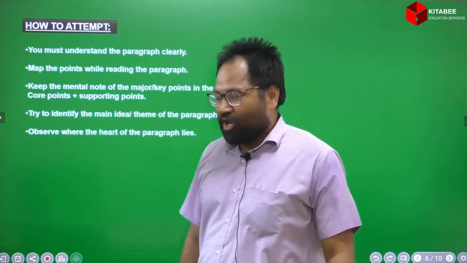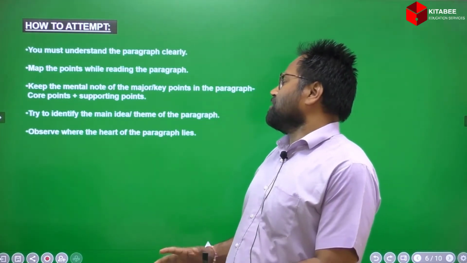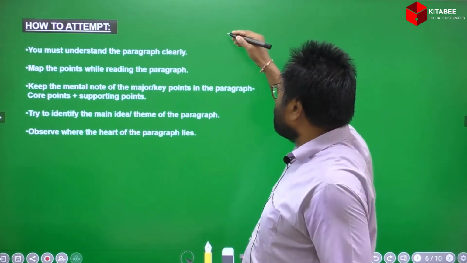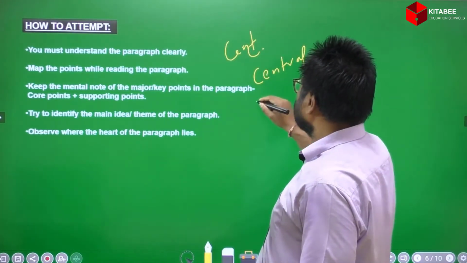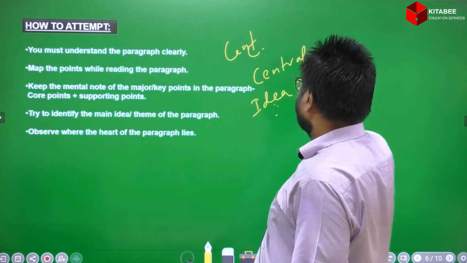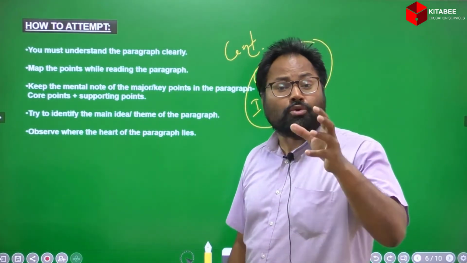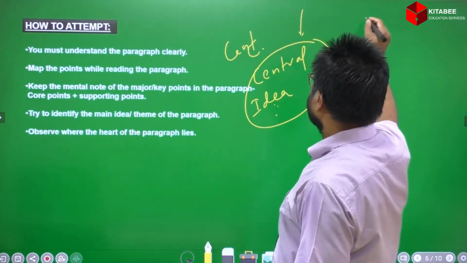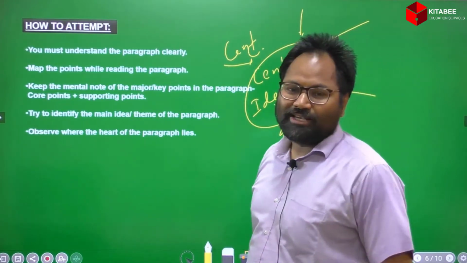Then try to identify the main idea, the theme of the paragraph. A paragraph runs around a central idea. And authors give other points and examples just supporting that central idea.